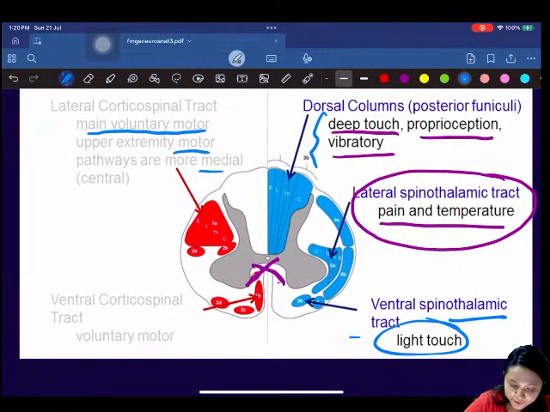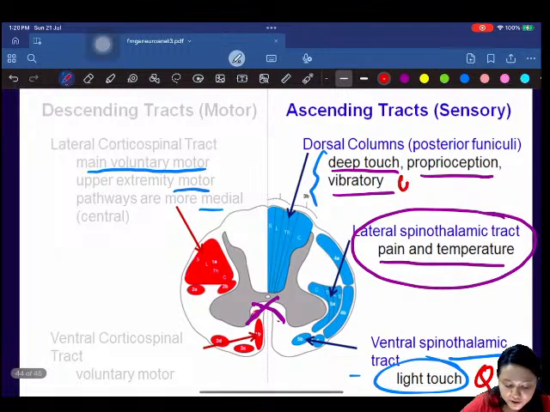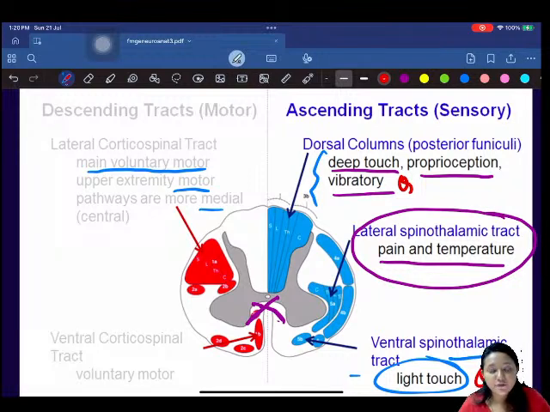If they ask about deep touch, proprioception, and vibration, it is your dorsal column, that is your posterior funiculus, that is fasciculus cuneatus and fasciculus gracilis. So light touch is ventral spinothalamic, and deep touch is dorsal column.